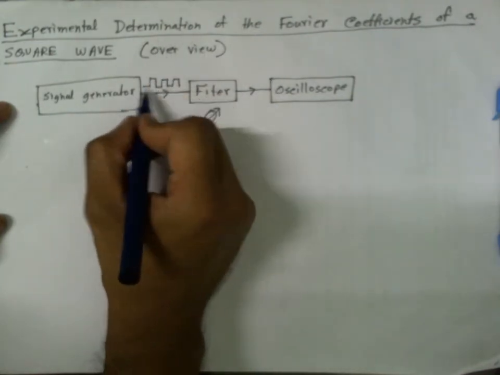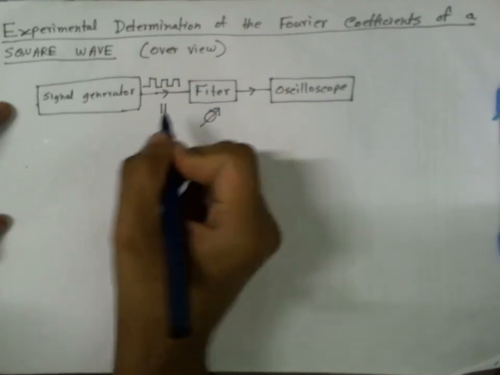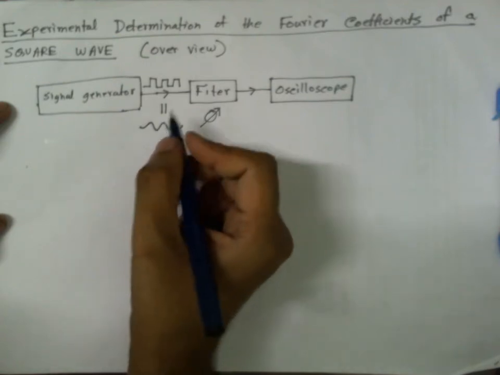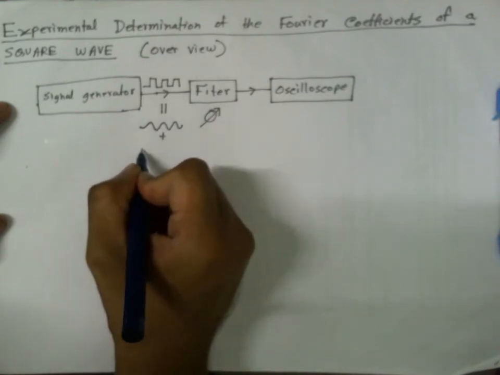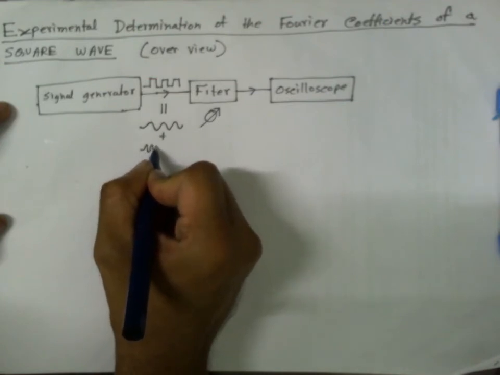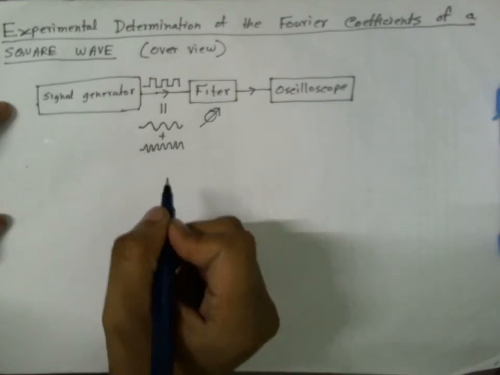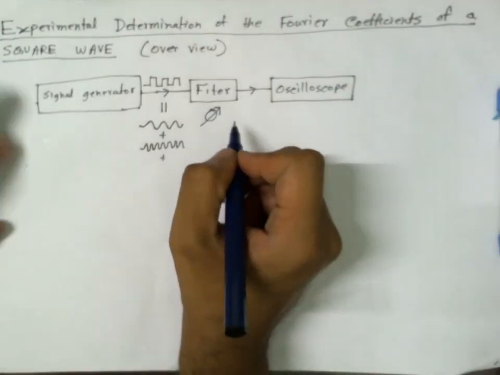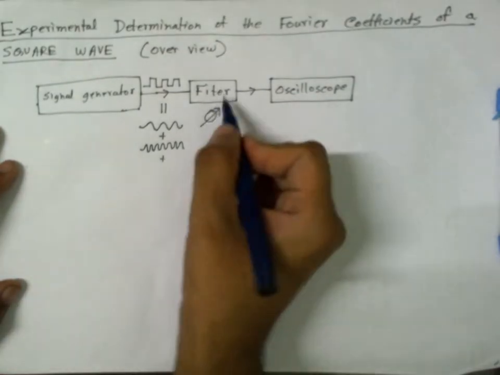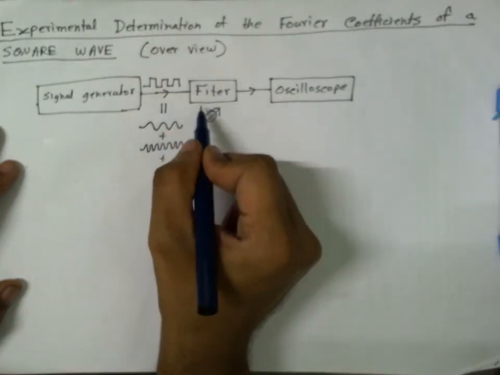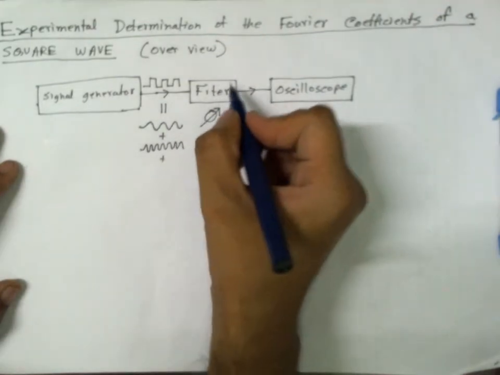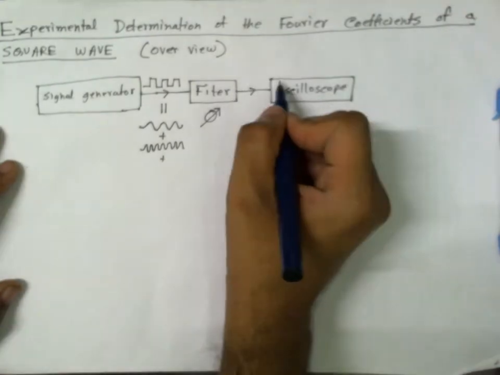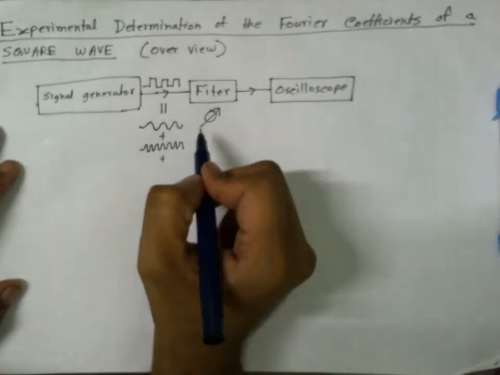So as we know, this square wave can be broken into many sinusoids. This is the first harmonic, plus we will have some third harmonics, and fifth, seventh, all odd harmonics. Now suppose we can tune this filter and adjust which frequencies are allowed to pass and which are not allowed.